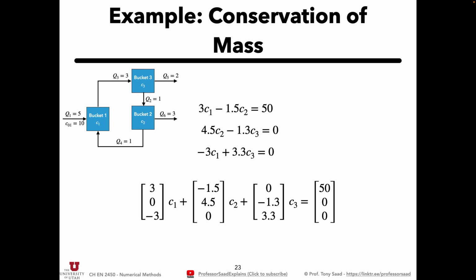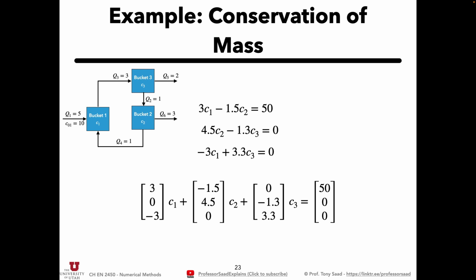That's indeed my first equation. Equation 2 is 0 C1, so no C1, plus 4.5 C2 minus 1.3 C3 equals 0, right? So I'm doing this row by row. That's the transitory step, and it's cool and simpler than writing 3 equations. I just have to write these column vectors and these unknowns one time, right?